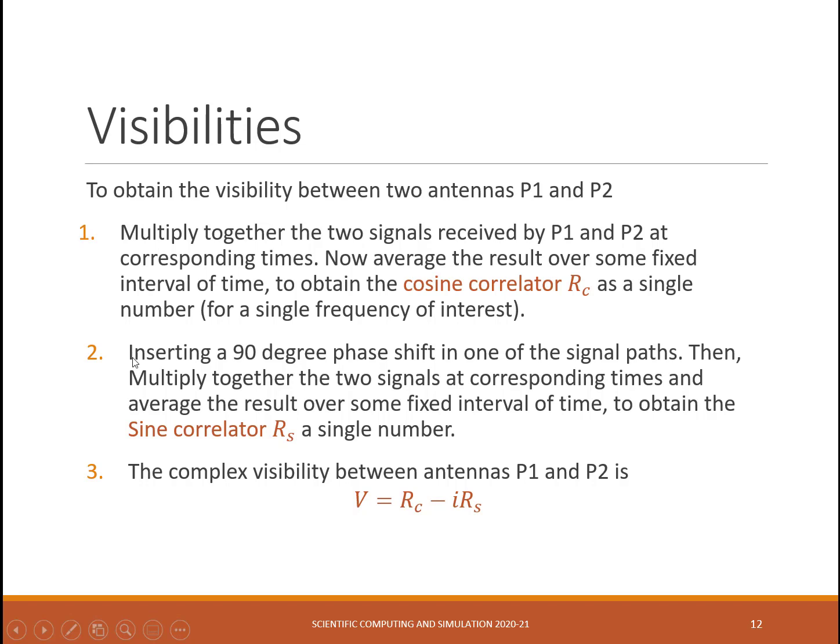After that, one of the signals is shifted by 90 degrees. Then, similar to the previous step, the two signals are multiplied together. The average of the result over a fixed interval of time is a single number called the sine correlator Rs. The complex visibility V is equal to Rc minus i Rs.